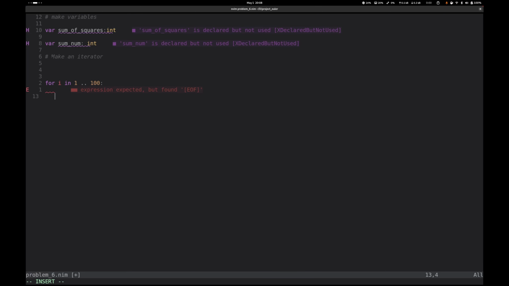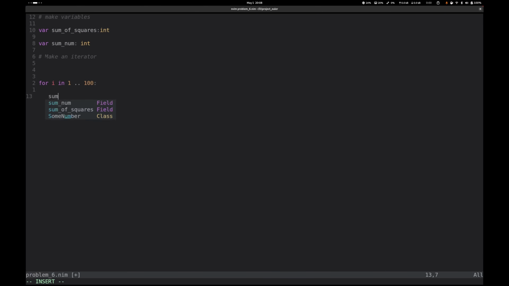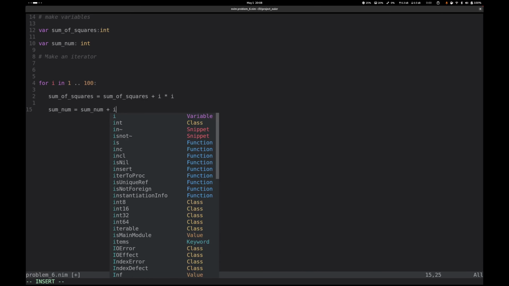So we will do sum of squares equals sum of squares plus i times i. Sum num equals sum num plus i.